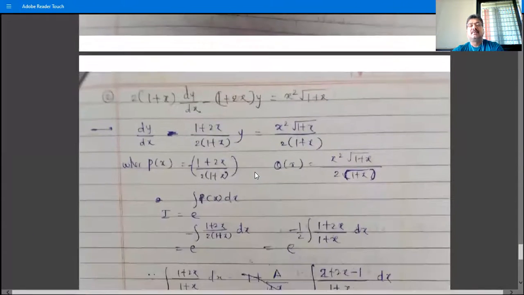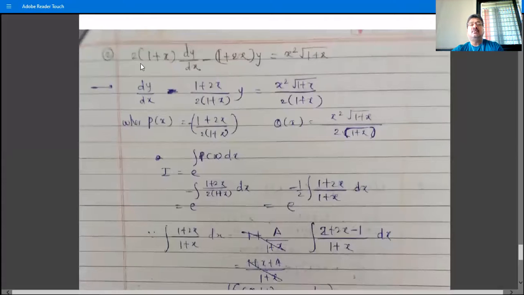So next example: (1 plus x) dy by dx minus (1 plus 2x) y is equal to x square root of (1 plus x). Dividing by 1 plus x, we have dy by dx minus (1 plus 2x) divided by (1 plus x) times y is equal to x square root of (1 plus x) divided by 2 into (1 plus x).